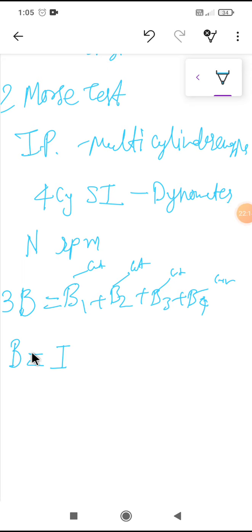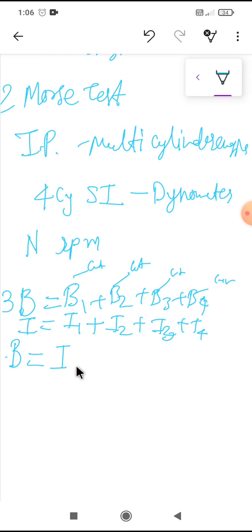Suppose I is the indicated power developed by all the cylinders, I1 is the indicated power developed by the first cylinder, I2 by the second, third and fourth, and similarly F1, F2, F3, F4 are the friction power of cylinders 1, 2, 3, 4. But here B1, B2, B3, B4 are not the brake power of the first, second, third and fourth cylinder. We need to keep this in mind.